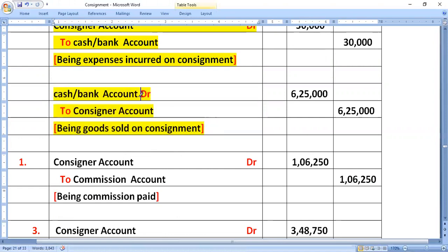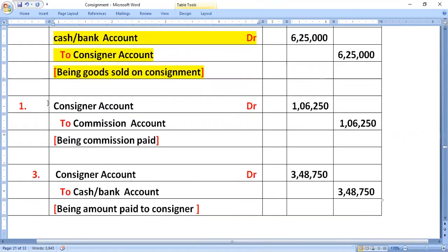Total sales, my dears, that is 6,25,000. Then consignor account debit to commission account being commission paid 1,06,250, my dears.